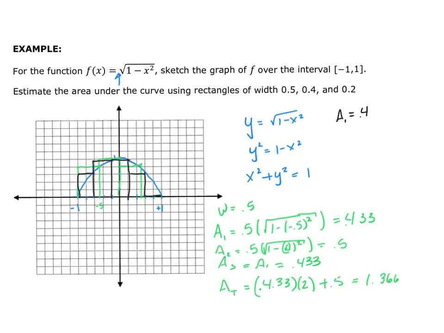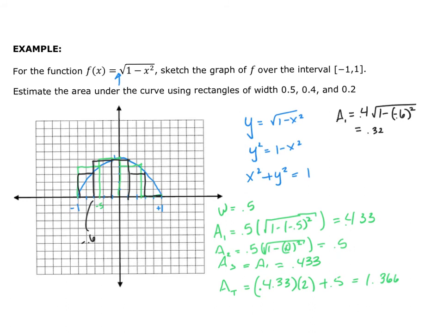And then I am going to multiply it by the square root of 1 minus negative 0.6 squared. And so I'm going to put that in my calculator, so 0.4 times the square root of 1 minus negative 0.6 squared, and I end up with 0.32.